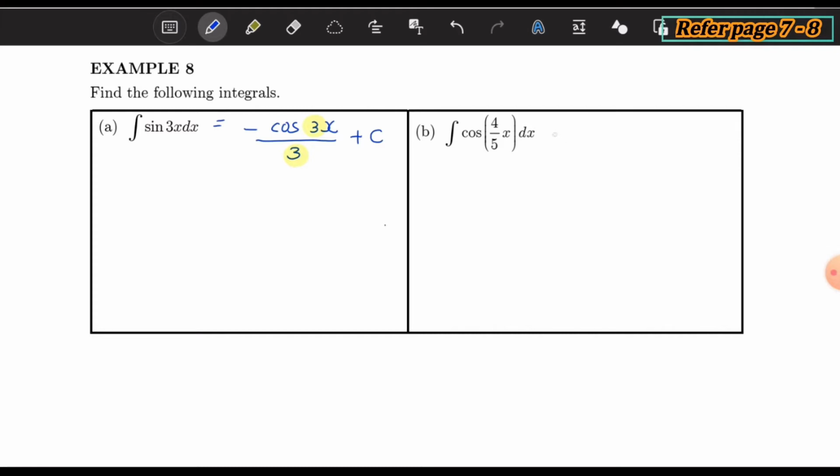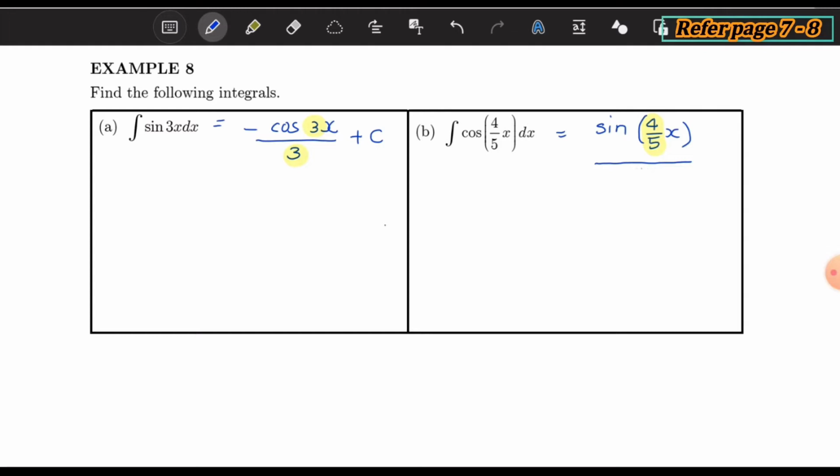Part B. Integrate cos 4 over 5x equal to positive sine 4 over 5x. And we need to divide by the derivative of the angle.